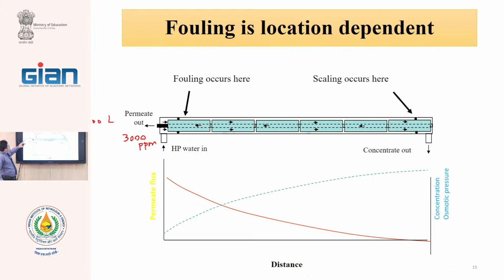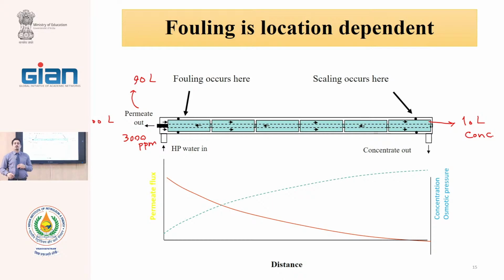If the membrane acts as 15% recovery, 15% in 6 modules, we will have 90% recovery. That means here we have 10-liter concentrate, and as permeate out, we will have 90 liters, okay?